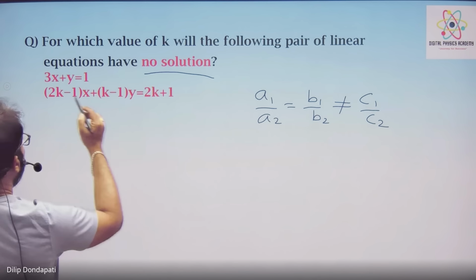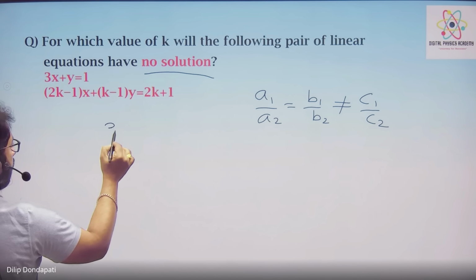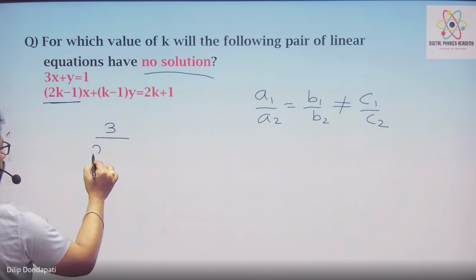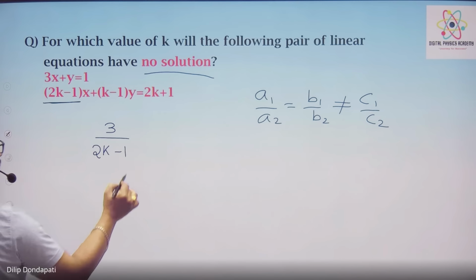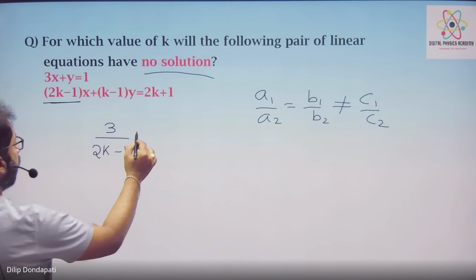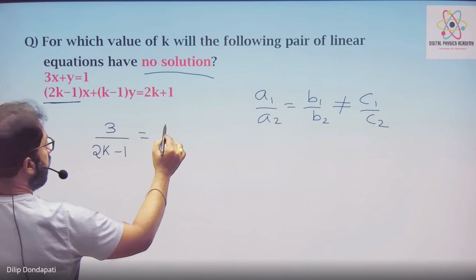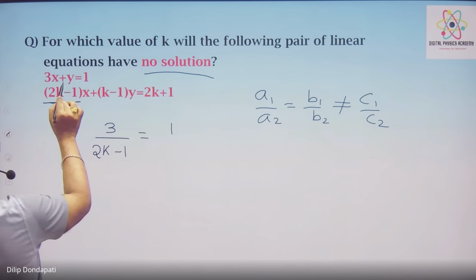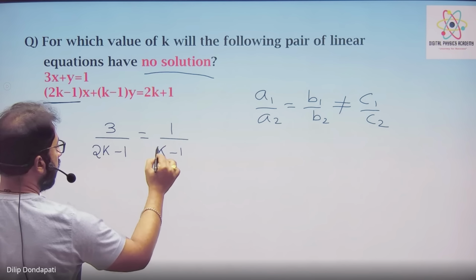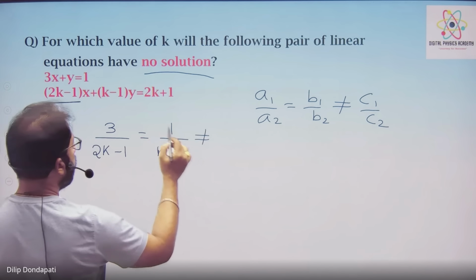What is the coefficient? What is A1? Here 3 by A2 is how much? 2k minus 1, because we have to write the x coefficient. Okay, is equal to b1 is 1 because beside y there is 1, by k minus 1. k minus 1 is, and not equal to c1 by c2.